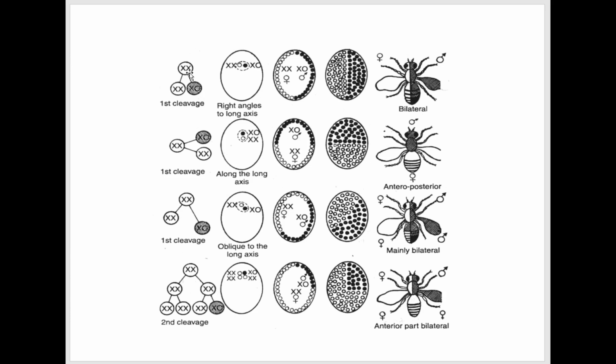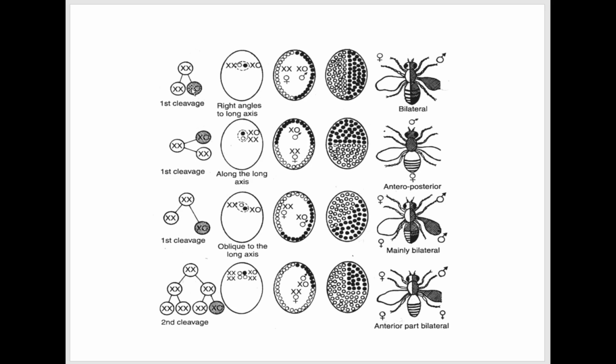Obviously, this zygote has to develop into a female fly, or a female fruit fly, Drosophila. But what happens during the first cleavage? At the end of first cleavage, two daughter cells are formed.